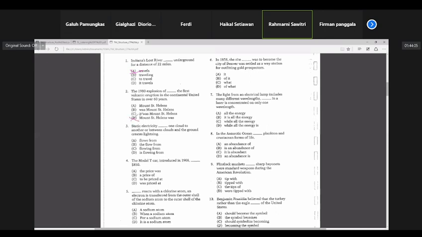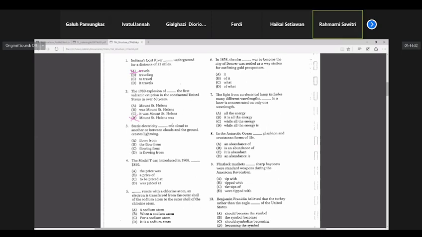And then for number 3, we have Ifato Jana. C, Miss. Static electricity flowing from one cloud to another one or between clouds and the ground creates lightning.